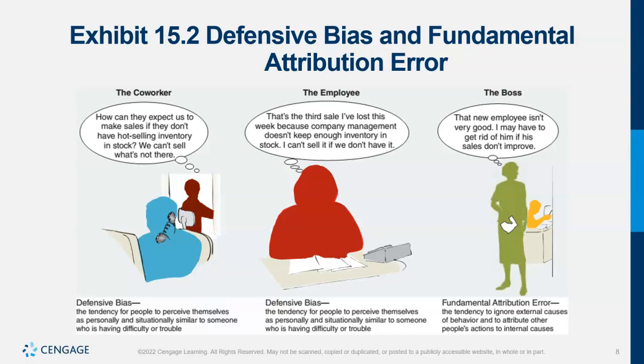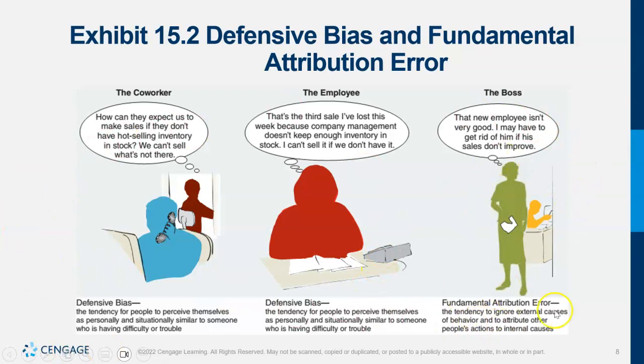In this example, we have a coworker who says, how can they expect us to make sales if they don't have hot selling inventory in stock? We can't sell what's not here. You also have an employee who says, that's the third sale I've lost this week because company management doesn't keep enough inventory in stock. I can't sell it if we don't have it. Those are defensive bias.